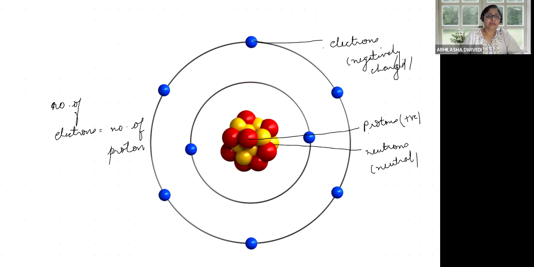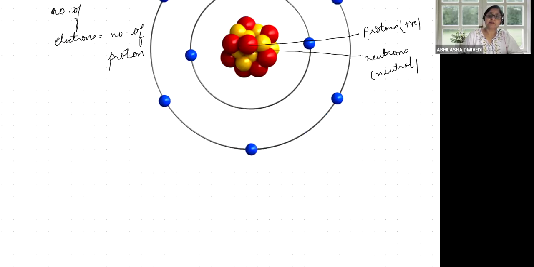Then there is another word I would like to introduce here, called atomic number. Atomic number is a very simple word which just means the number of protons, and the number of protons is very important. Can you think why? It is because the periodic table is a table in which all the elements are arranged, 118 of them, as you know.